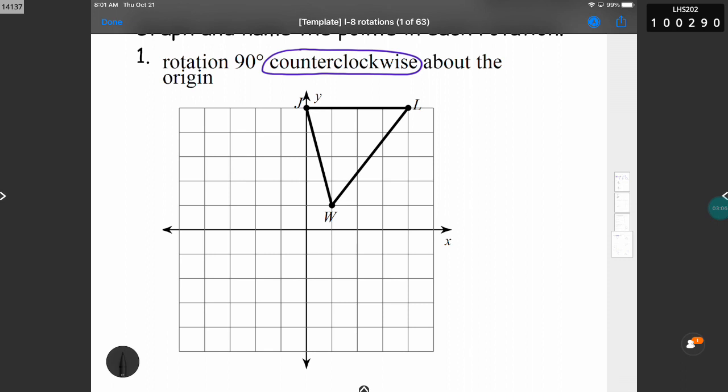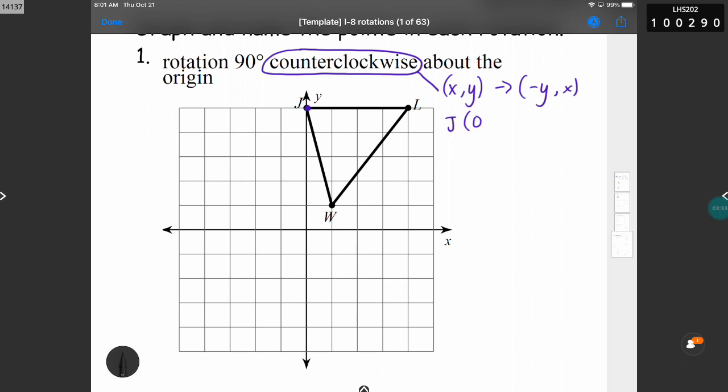So if I'm turning 90 degrees counterclockwise, the rule is that X and Y becomes the opposite Y and then X. In order for you to do this, you would have had to pull out every point, okay? So J, what is point J right now? Point J is at 0 and 1, 2, 3, 4, 5.